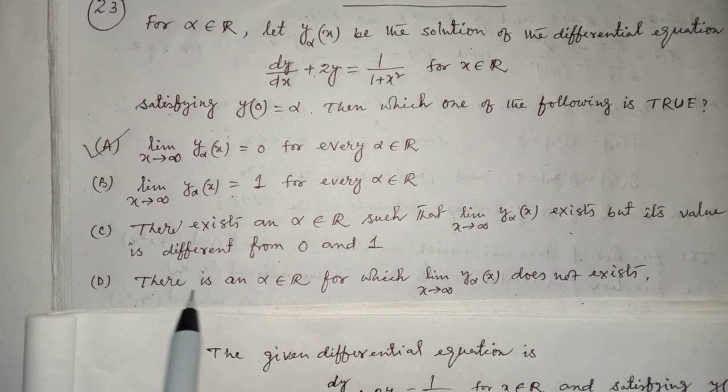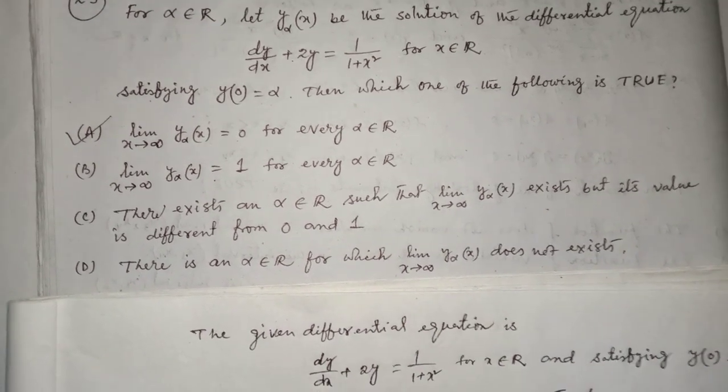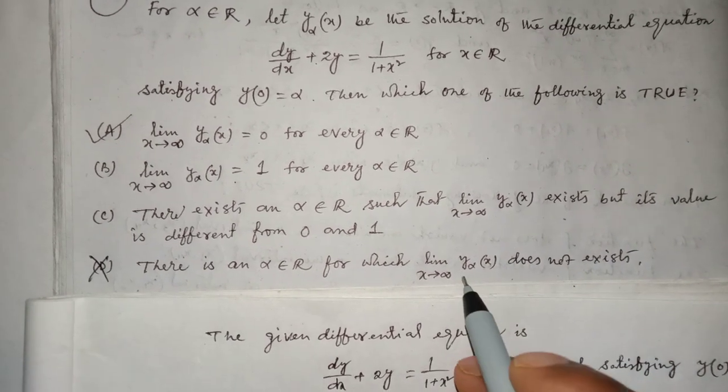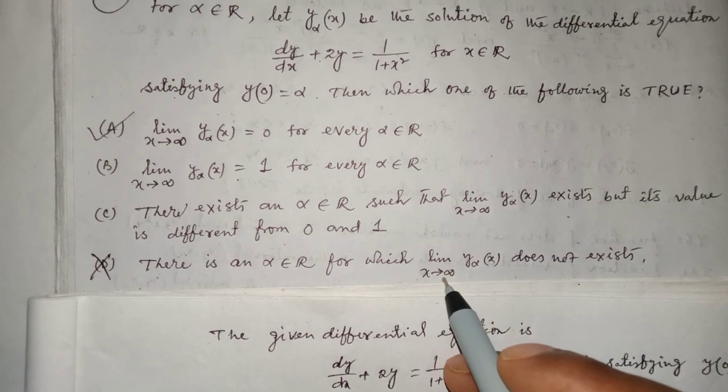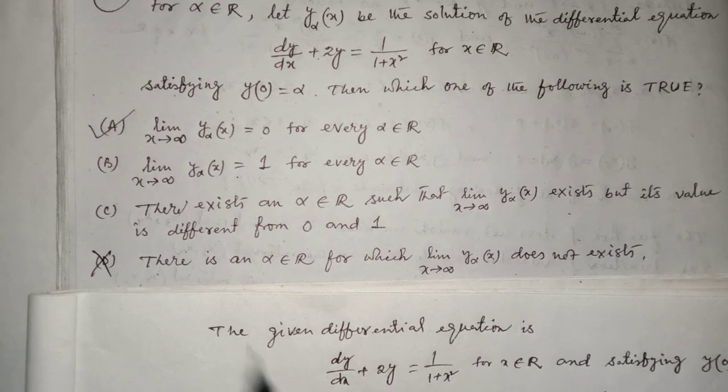Option D, there is an alpha belongs to R for which limit x tends to infinity y alpha x does not exist, is false, because for every alpha belongs to R, the limit exists and is equal to 0.